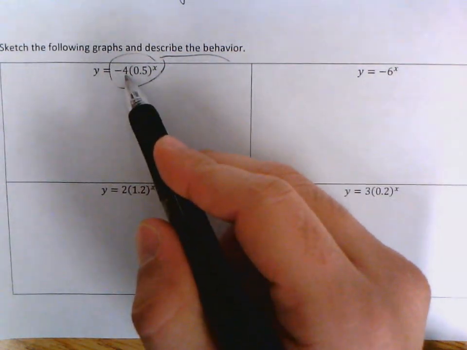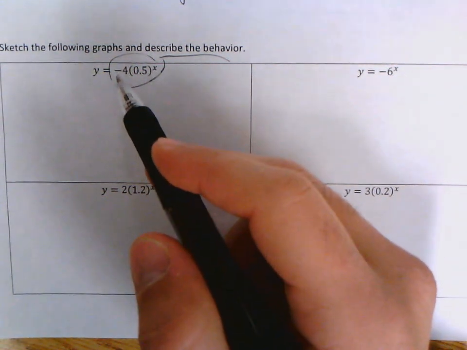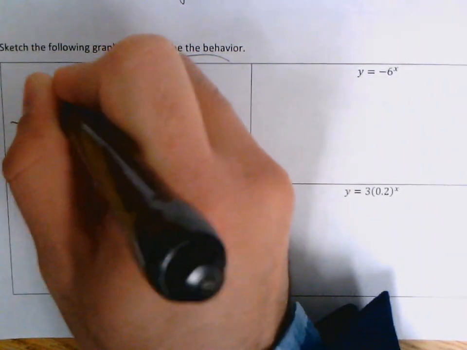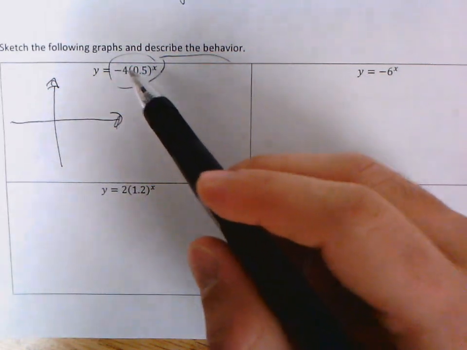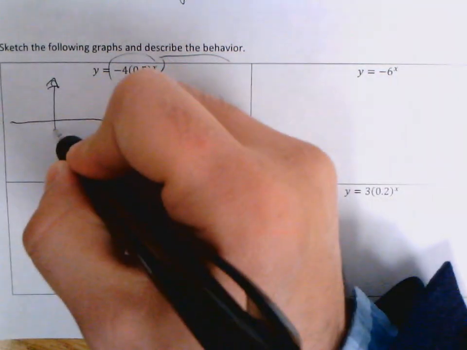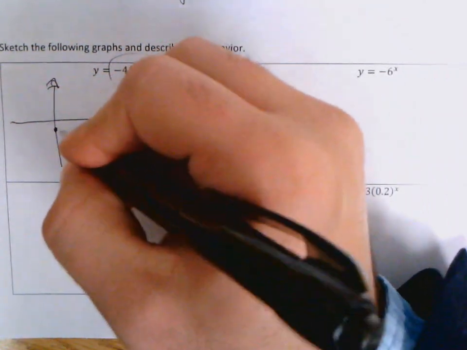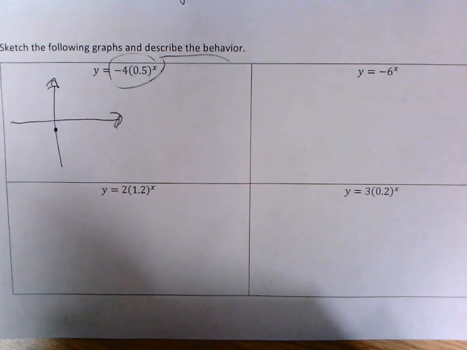I know that the value of a is negative. So if I was to sketch this graph, my y-intercept will be at (0, -4). So it will be down here.